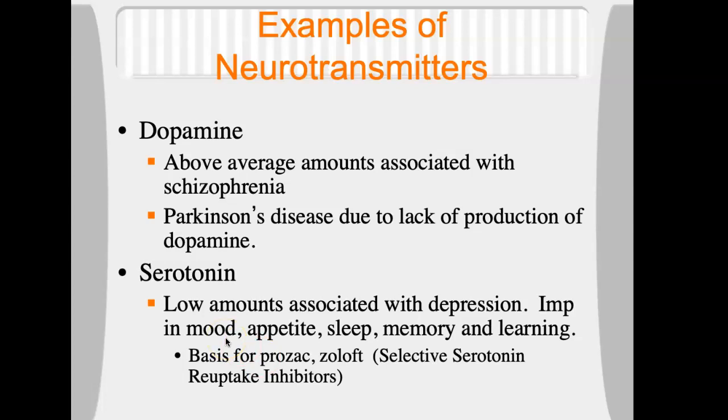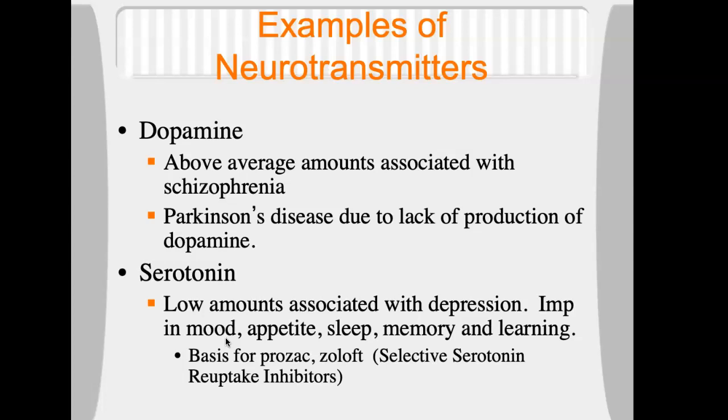I wanted to give you, however, some examples of neurotransmitters, because I'm just bunching them all together as if they were all the same. So here are some examples. Dopamine is a neurotransmitter. And what happens when you have too much dopamine? Well, an above average amount of dopamine is associated with schizophrenia.